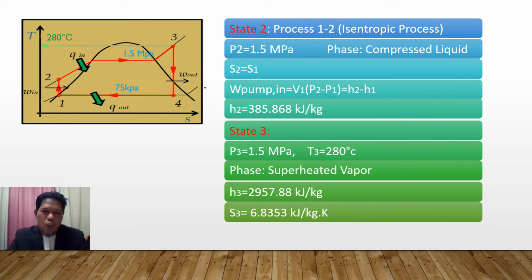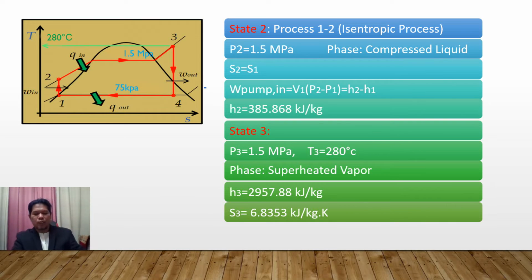For state 3, the pressure is 1.5 megapascal and the temperature is 280 degrees Celsius.